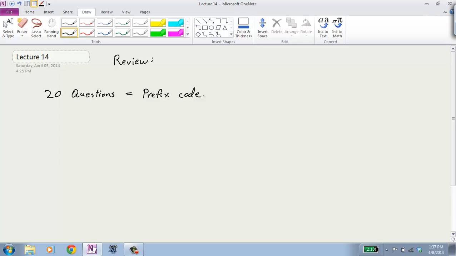All right. We also saw that prefix codes implied the Kraft inequality. And the Kraft inequality is the following, that the sum over all the code words of 2 to the negative the length of the code word has to be less than or equal to 1.